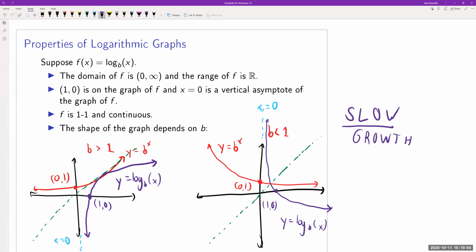Think about the difference between x and y. In an exponential function, a small increase in x would make y grow enormously. So for a logarithmic function, an enormous change in x would indicate only a very small change in y. As a result, we get this extraordinarily slow growth in a logarithmic function.